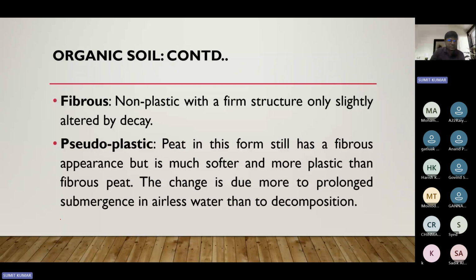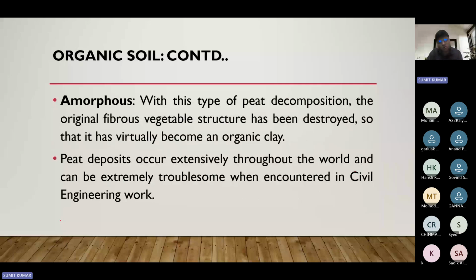Basically, this is the theoretical part, nothing fancy in this. In amorphous peat, with this type of decomposition, the original fibrous vegetable structure has been destroyed so that it has virtually become an organic clay.